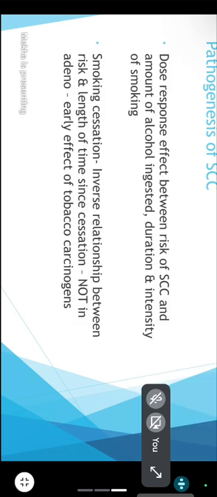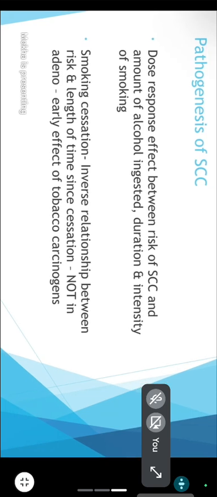There is a dose-response effect seen in squamous cell carcinoma about the amount of alcohol ingested, and the duration and intensity of smoking. But here it is written, right? Not in adenocarcinoma. Something peculiar is, even though smoking cessation, that is stopping smoking, has an inverse relationship with the risk for SCC, it has been found that for adenocarcinoma, this does not exist.